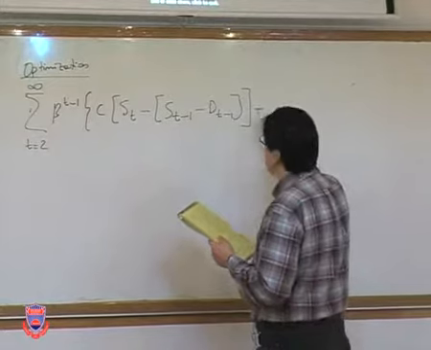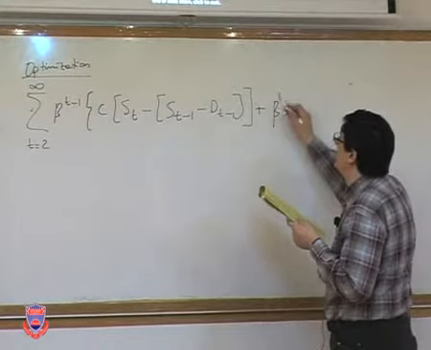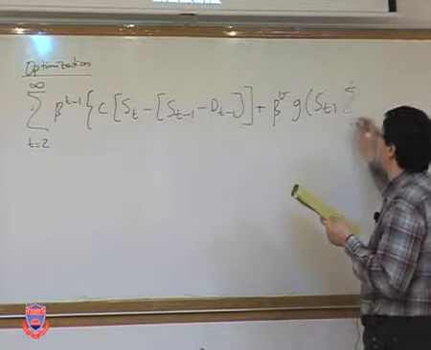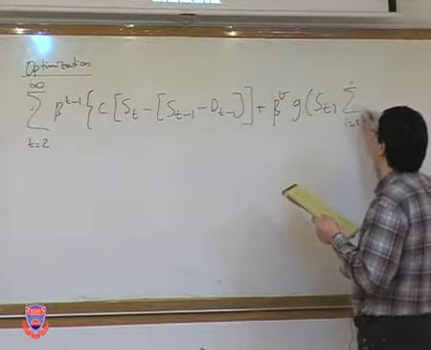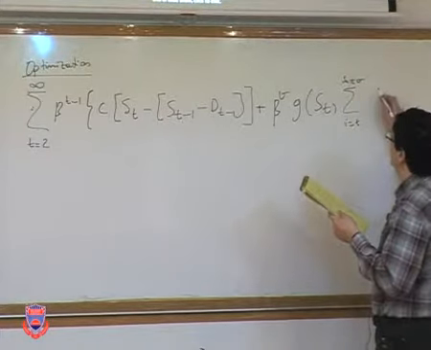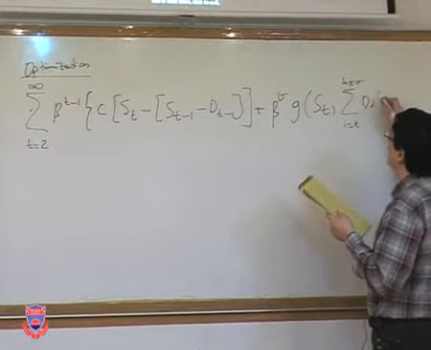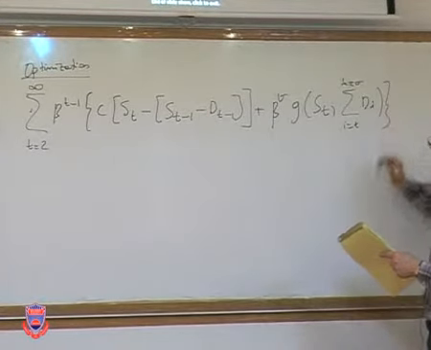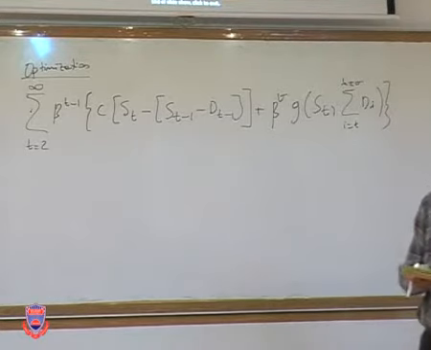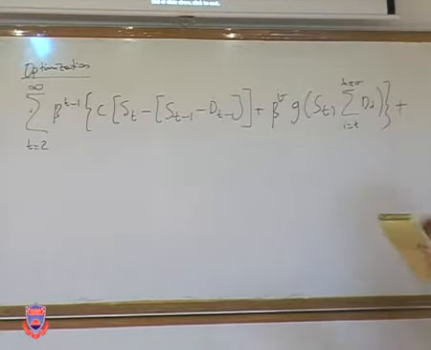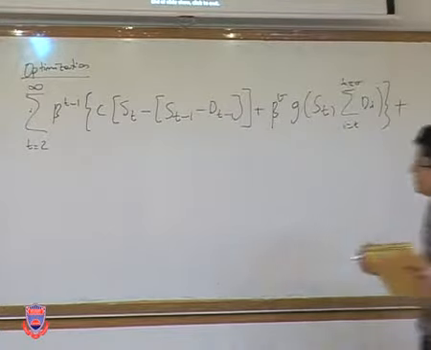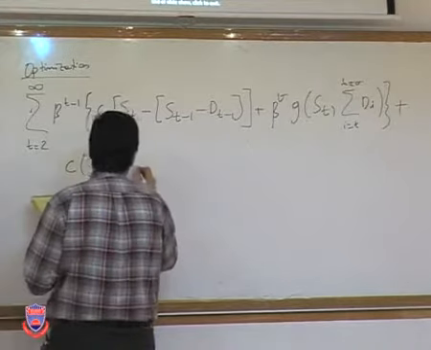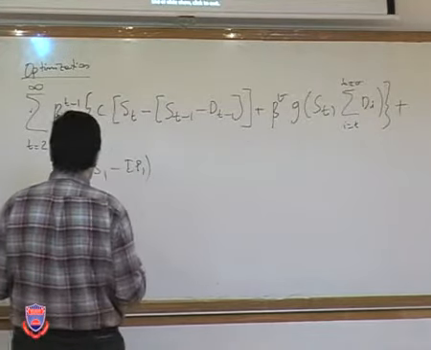Okay. And then I'm going to have beta^nu times G(S_t), and then I have the summation of d_i from t to t plus nu. So this is going to be the cost of holding and backorder. Then I'm going to write these things for the first one. So I'm going to have C times (S1 minus IP1), inventory position 1.